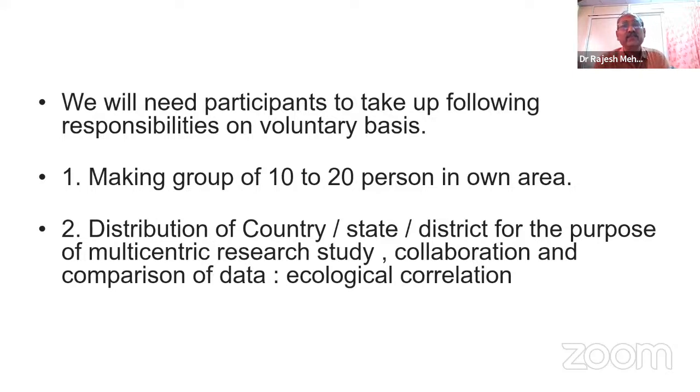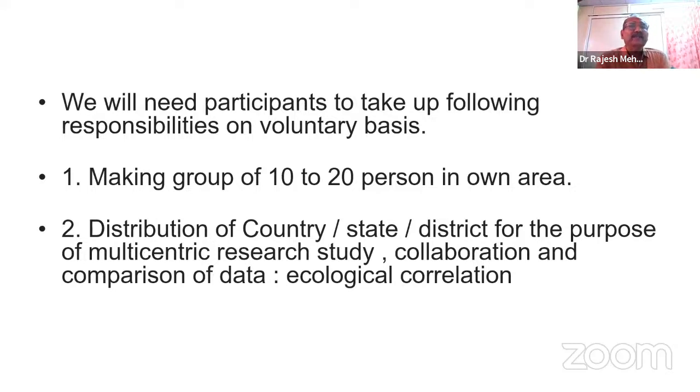Second thing is the distribution of country, state, district. Suppose this is for the teacher. If you are teaching 150 medical students in your batch, then you can allocate them in groups of five. Few people will be talking on France, another person will be talking on Pakistan or India, or across the states, Madhya Pradesh versus Bihar versus UP, etc. And then compare their various statistical parameters, and why it is like that.